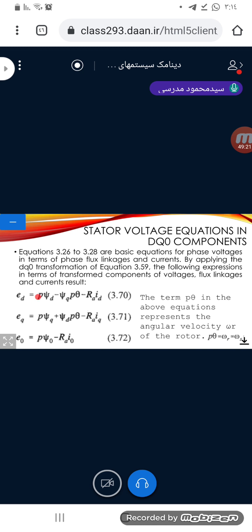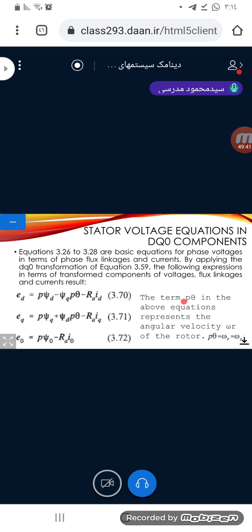ED is equal to p psi D minus psi Q p theta minus RA multiplied by ID.